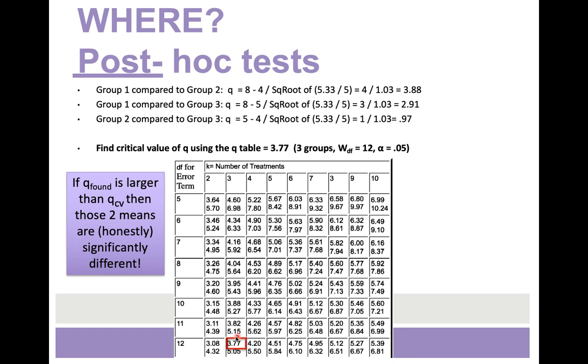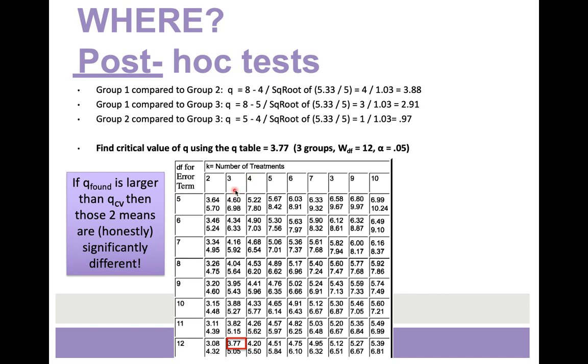And on the top is the critical value if our alpha was 0.05, which we're going to assume it was. On the bottom of that cell is if the critical value was 0.01. If alpha was 0.01, this is our critical value, 5.05. So we found our within degrees of freedom, which is 12.